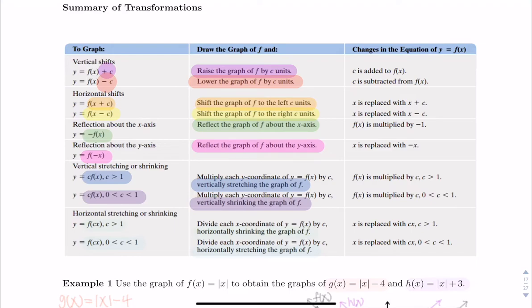For horizontal stretching or shrinking, if it's f of c times x and c is greater than 1, you're horizontally shrinking the graph. And if it's f of c times x, where c is between 0 and 1, you're horizontally stretching.